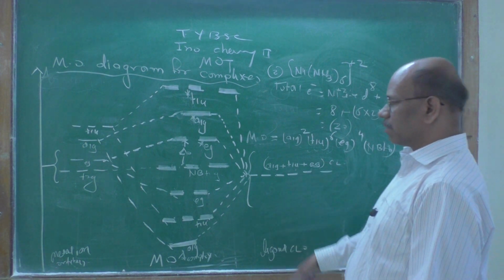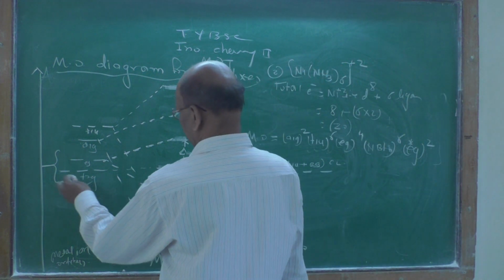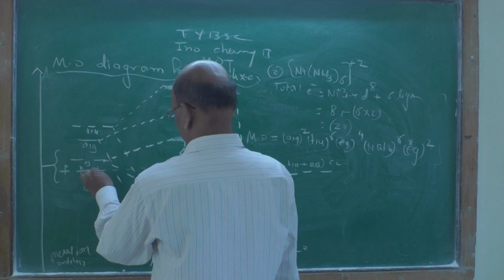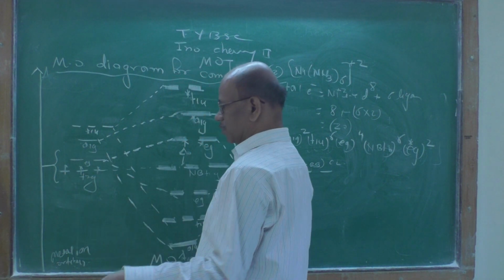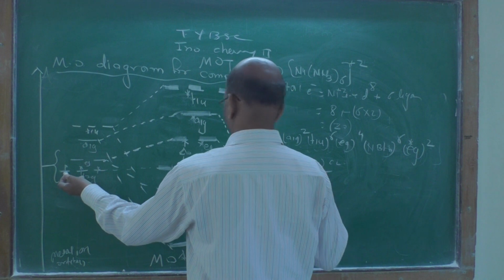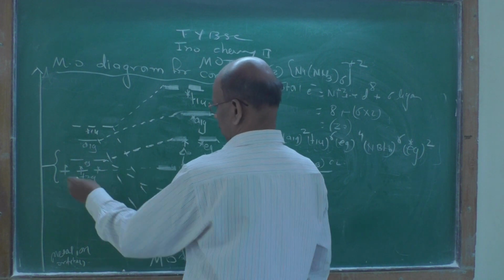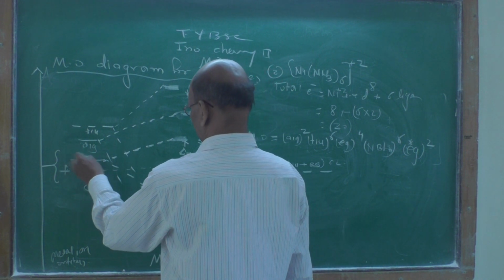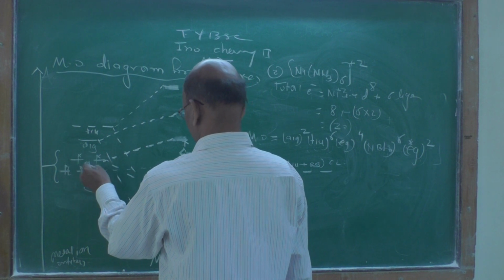Then we have to fill the electrons here. Here 8 electrons are there. As in titanium, 1 electron here, 2 electrons here, we have to fill here. So 1, 2, 3, 4, 5, 6, 7, 8.